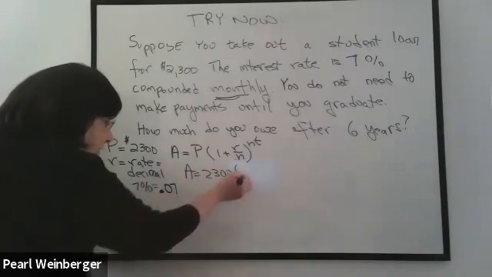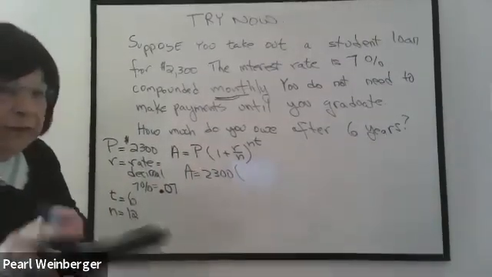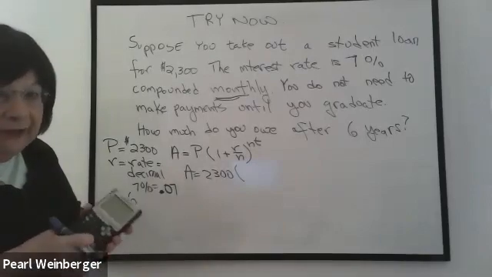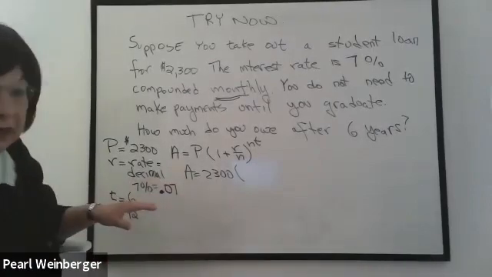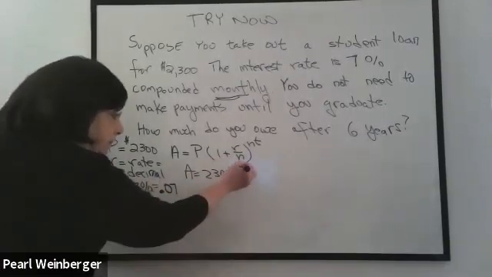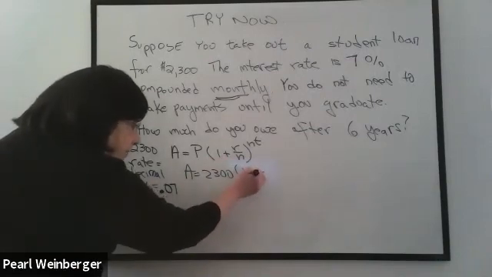open your parentheses. You should have a parentheses button on your calculator. You don't have to be using one of these. As a matter of fact, you shouldn't be using one of these graphing calculators. You should be using a regular scientific calculator. It does have a parentheses button. Then you put the number 1, the plus button.